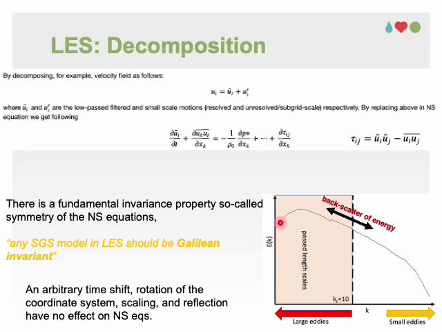There is another point in this figure known as energy backscattering. Let's explain it. During energy cascading, energy is transferred from large scale eddies to smaller scale eddies through the cascading process.